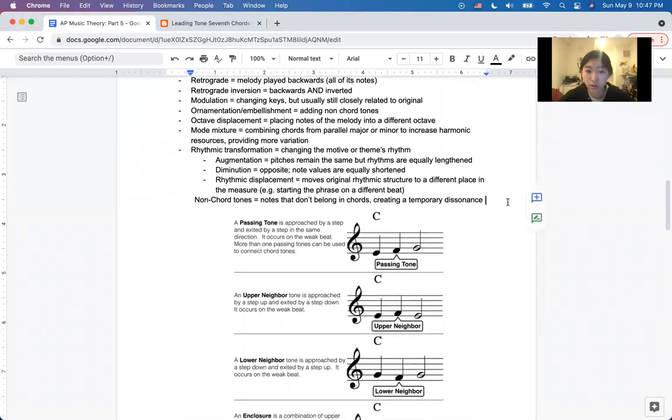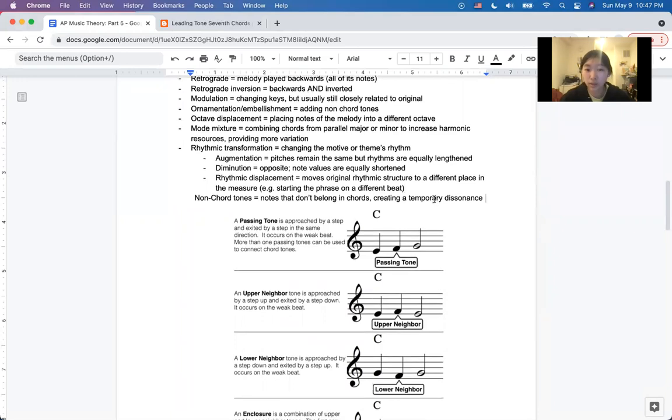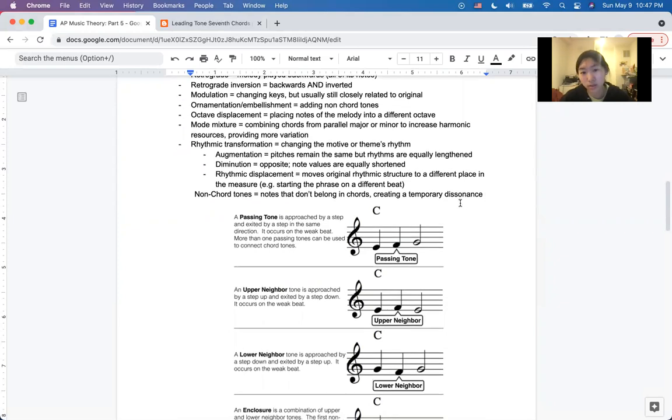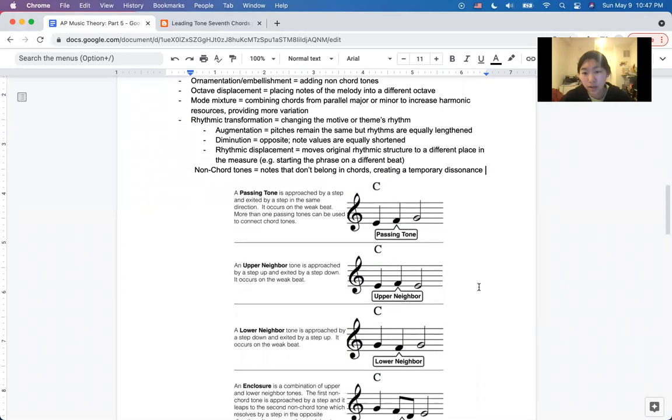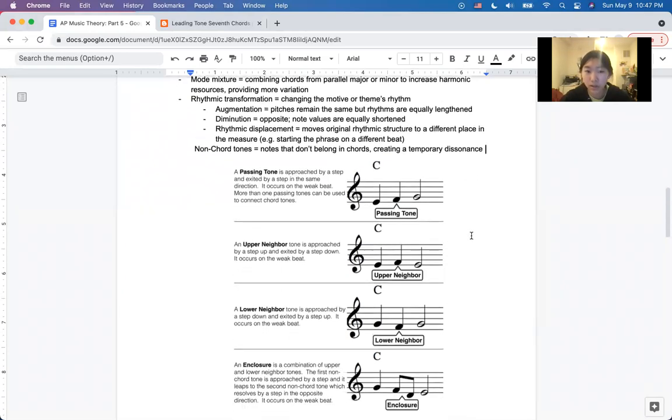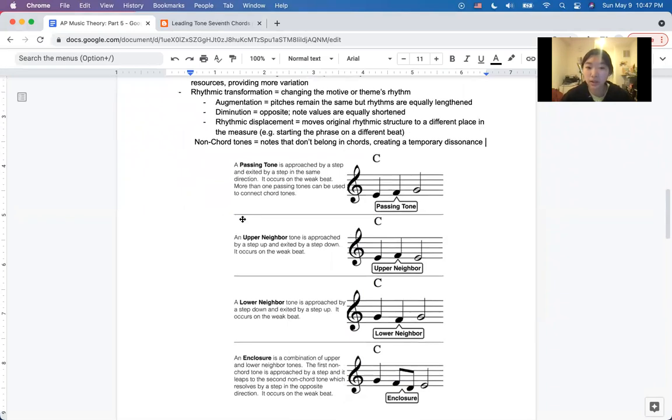So, non-chord tones. These are just notes that don't belong in chords, but they go between chords and they create a temporary dissonance. So here is a visual diagram to help you picture these. A passing tone, I think we might have mentioned this a couple of videos ago, but I'll elaborate all the same.